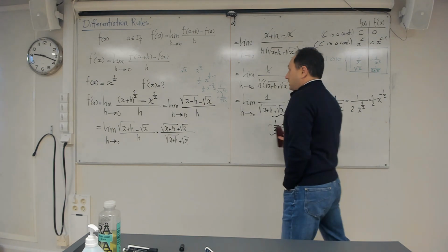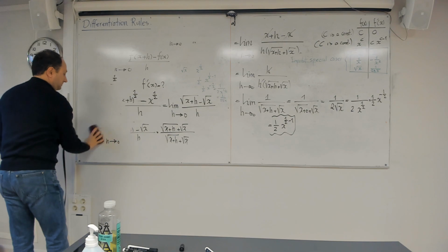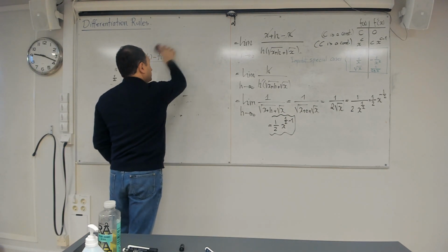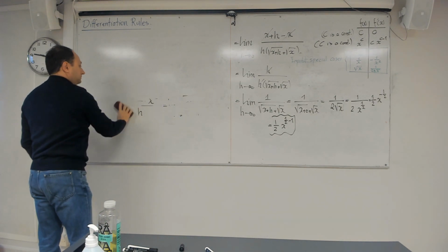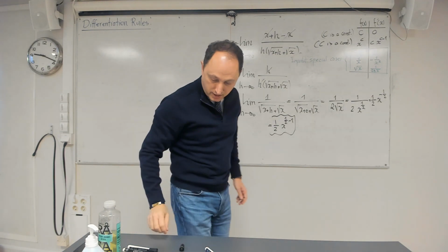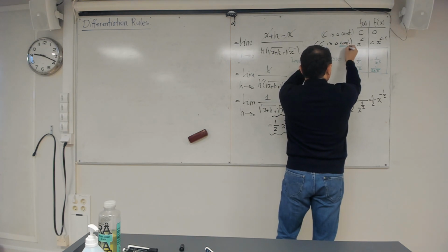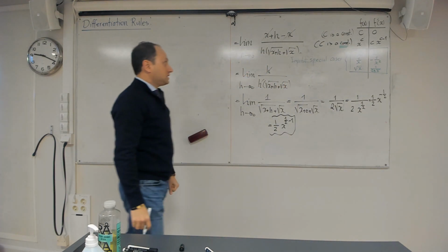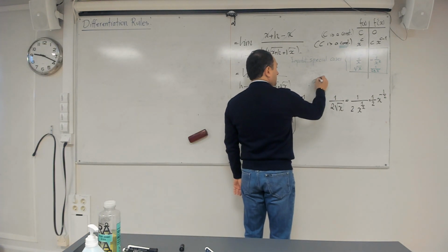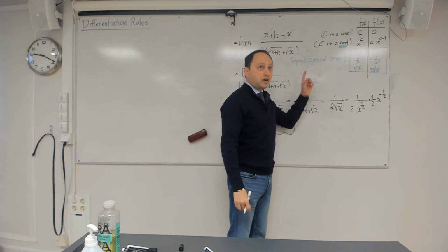Okay, so let me give you some examples. Let me emphasize here that c is a constant. For example, I cannot ask you to calculate the derivative of this function, because the exponent is not a constant.